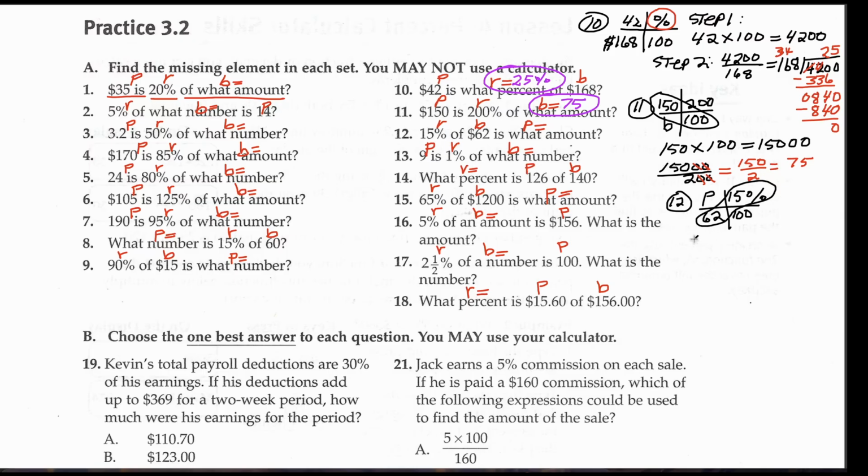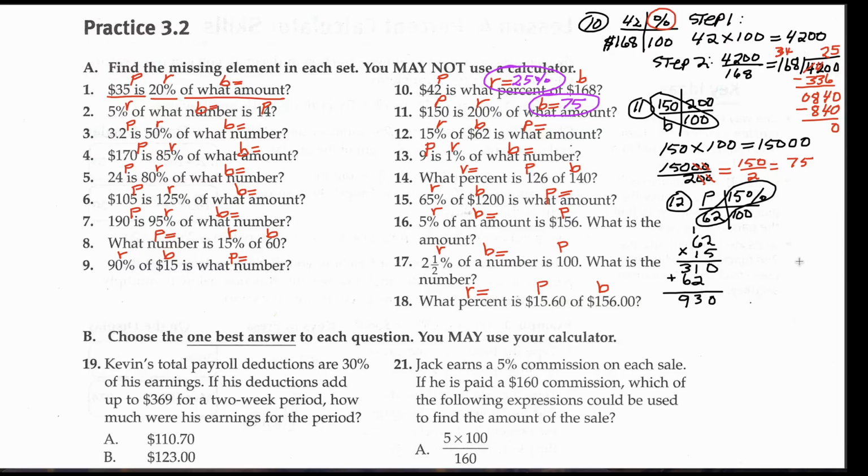So 62 multiplied by 15. Let's do that here. 5 times 2 is 10. Write 0, carry 1. 5 times 6 is 30, plus 1, 31. 1 times 2, 2. 1 times 6, 6. Plus. So you have 0, 3, 9.